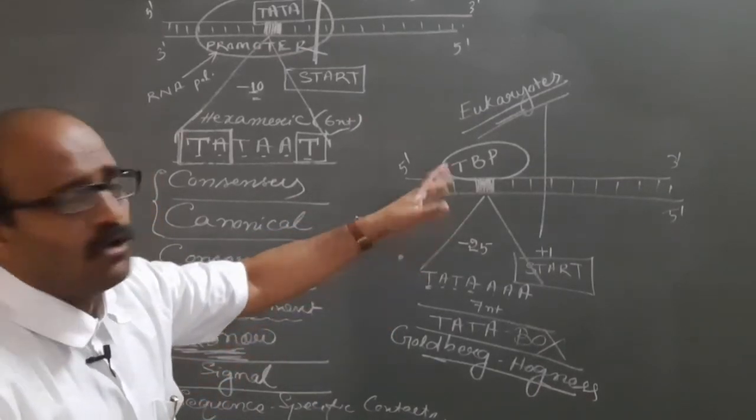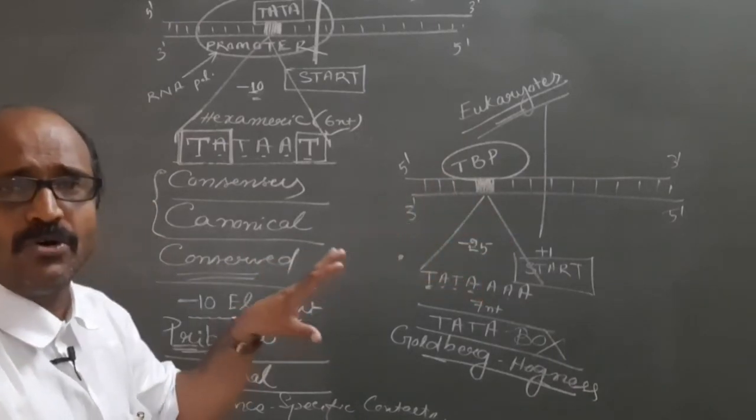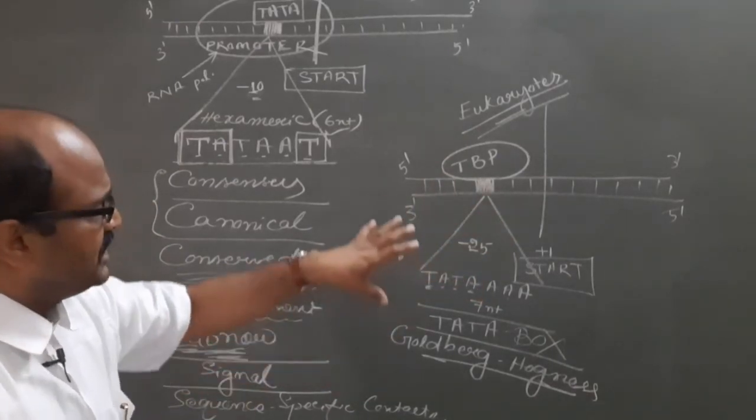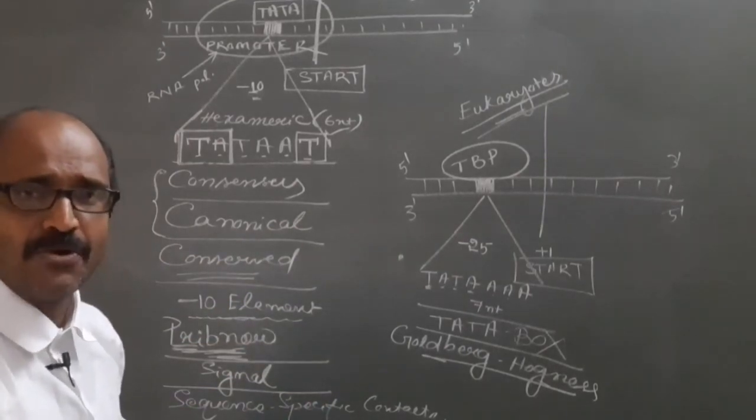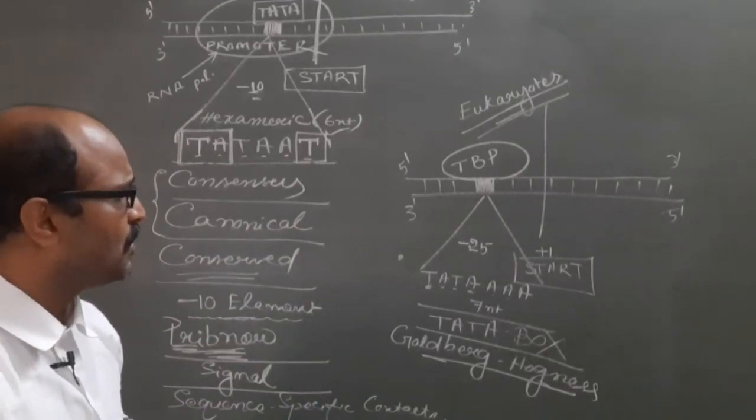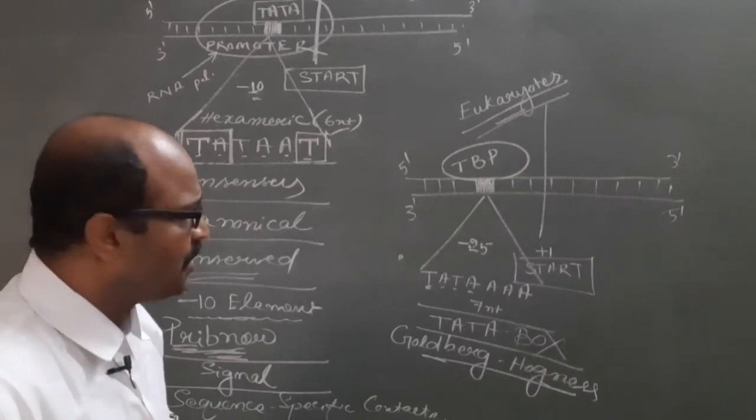The mutation also causes immunosuppression diseases, and Gilbert syndrome, which is one of the disorders of the liver.